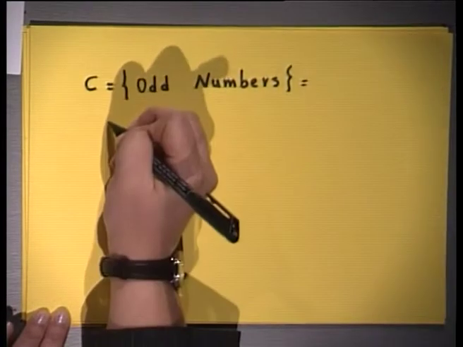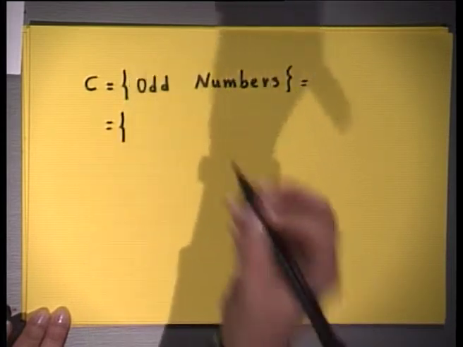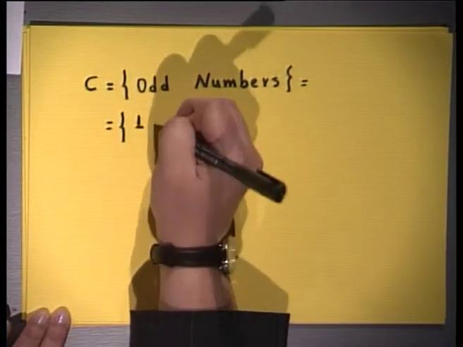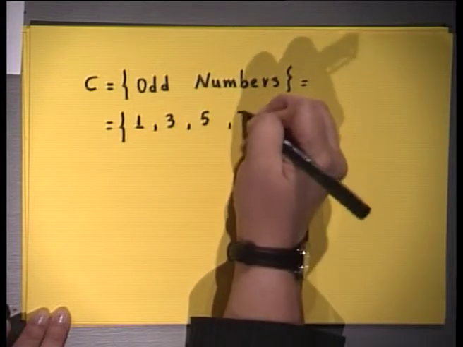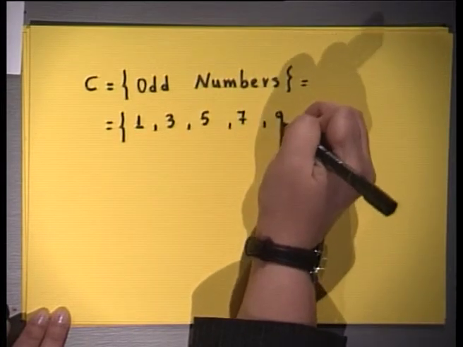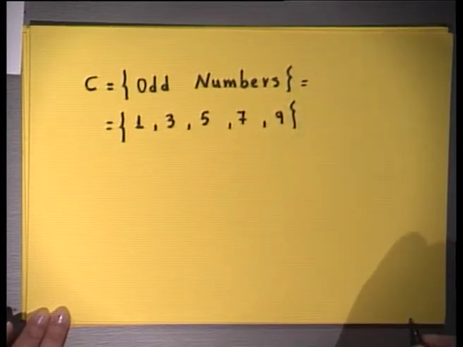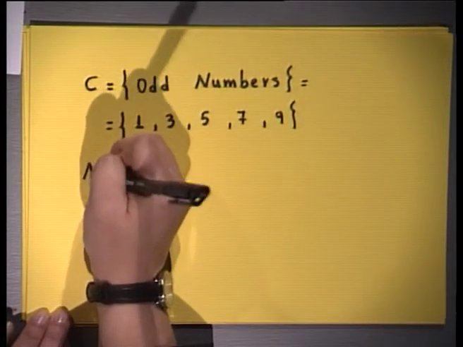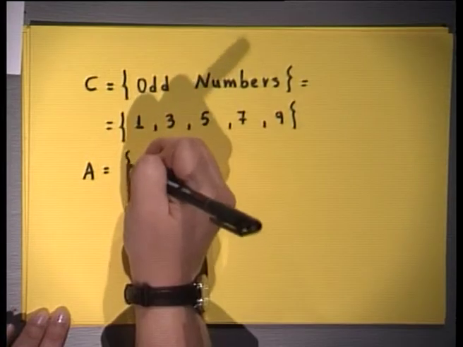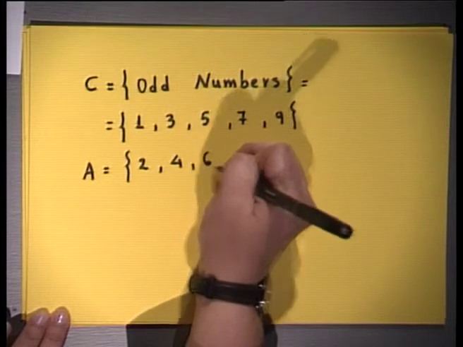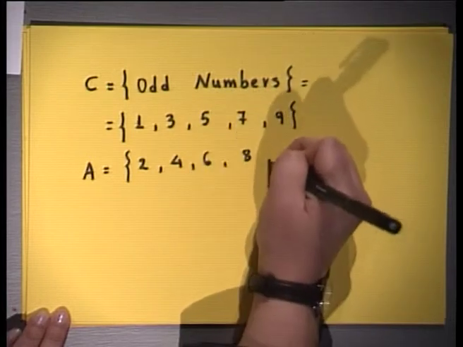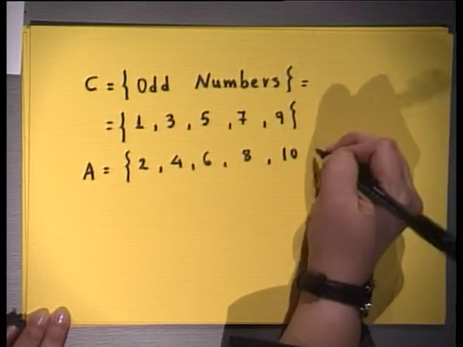So for this case, C will be the numbers 1, 3, 5, 7, and 9. I remind you that A were the even numbers, 2, 4, 6, 8, and 10.